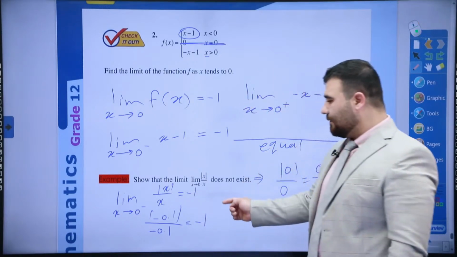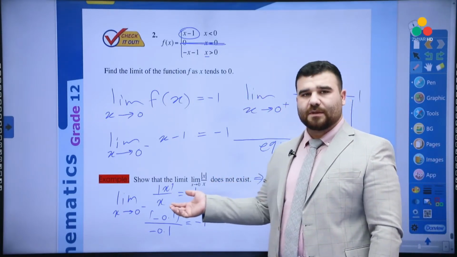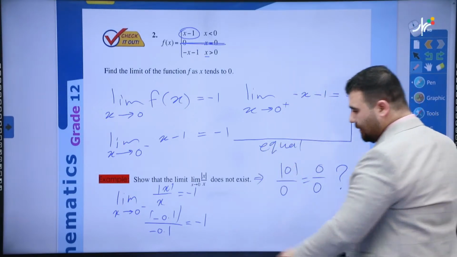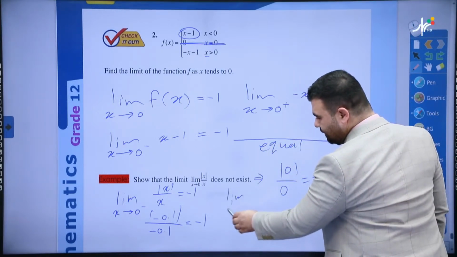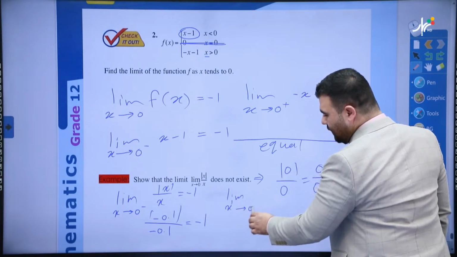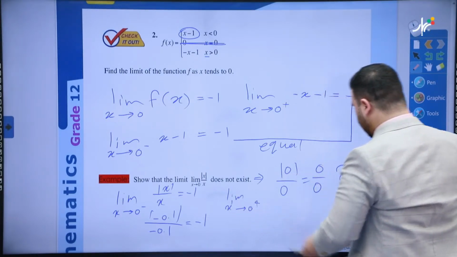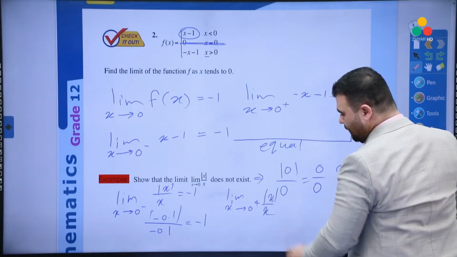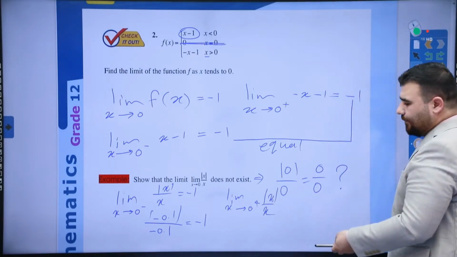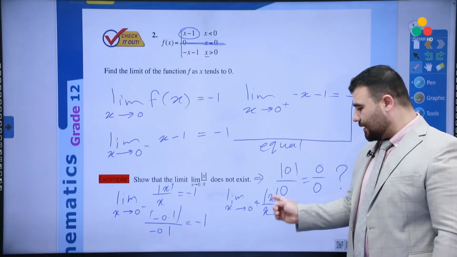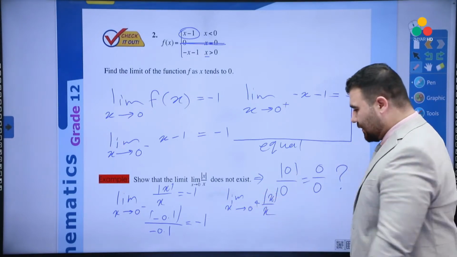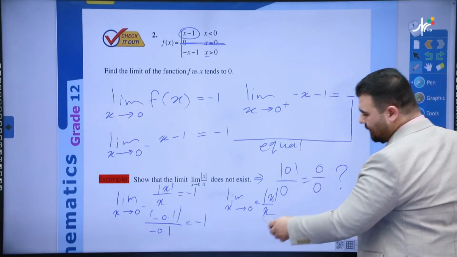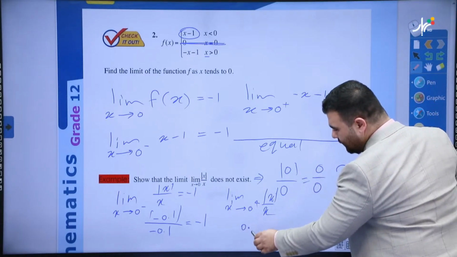Now, for the same function, let's find the limit x approaching 0 on the right side. Limit x approaching 0 on the right side for absolute value x over x. Then this time, again, if I put 0 directly, I will get 0 over 0. It's not clear. I'm going to choose a number that's too close to 0 on the right side. This number is 0.1.